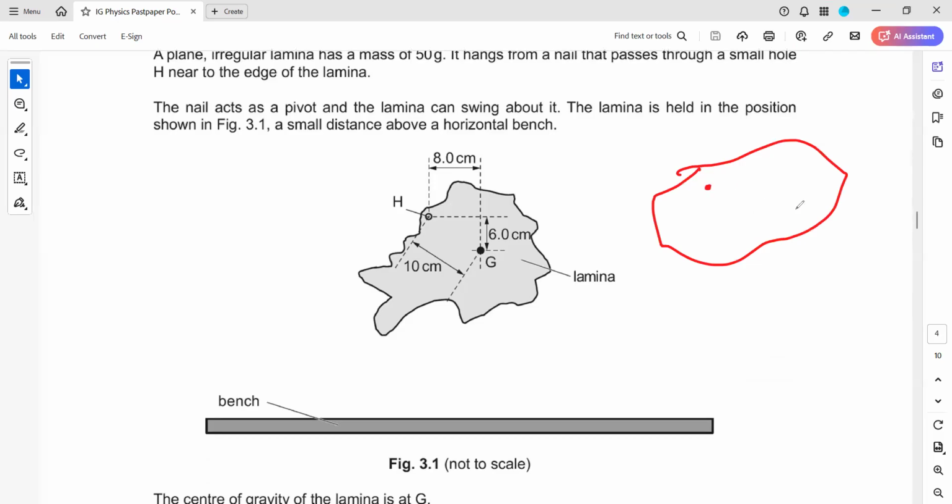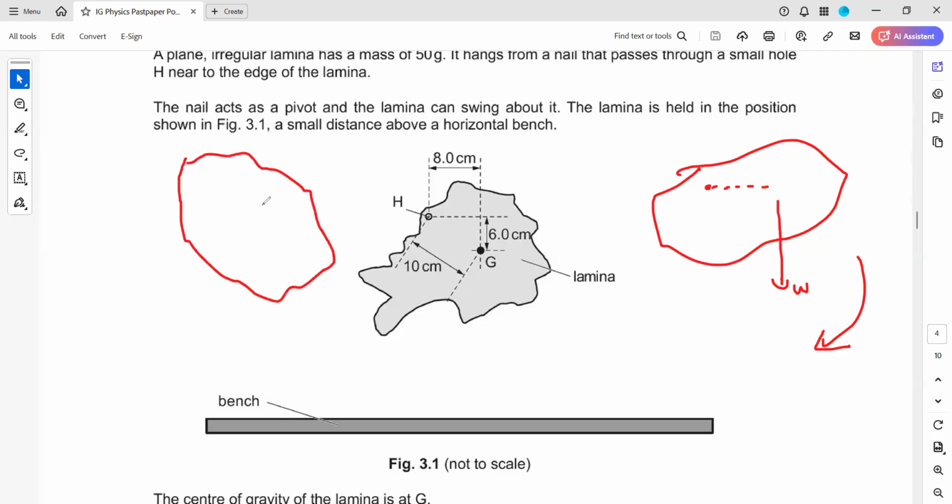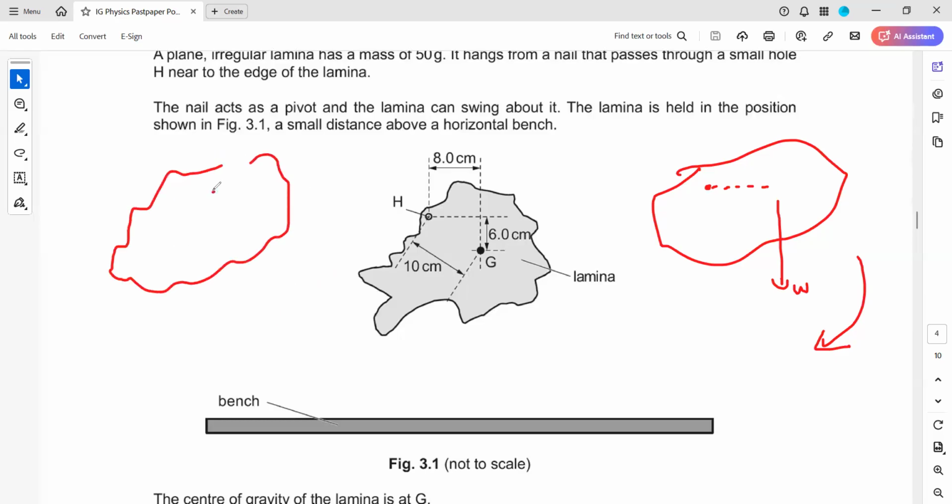This is a pivot because its weight is acting downward. As a result, this weight will cause a turning effect clockwise. Because of its inertia, it will move to the other direction. Like the point H will be there still, and now the weight is in this direction. So this weight will cause an anti-clockwise rotation.